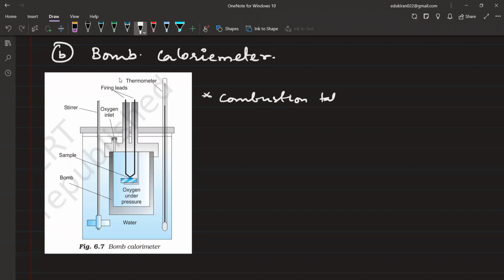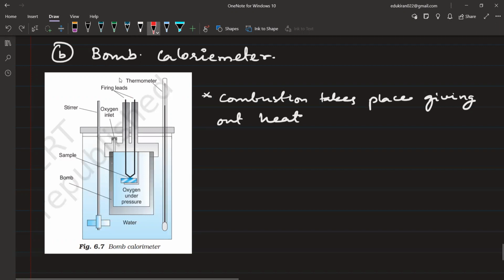Combustion takes place, giving out heat. आपको क्या मिला यहाँ से, कंबशन हुआ तो you got heat here, ठीक है, आपको हीट मिला। अब ये जो आपके पास चेंबर है, this part here, this is a diathermic wall, and this diathermic wall gives out heat towards this water. And here you have the stirrer. Stirrer is used to homogenize the temperature. And when you get an increase in temperature, the thermometer will show the increase in temperature.